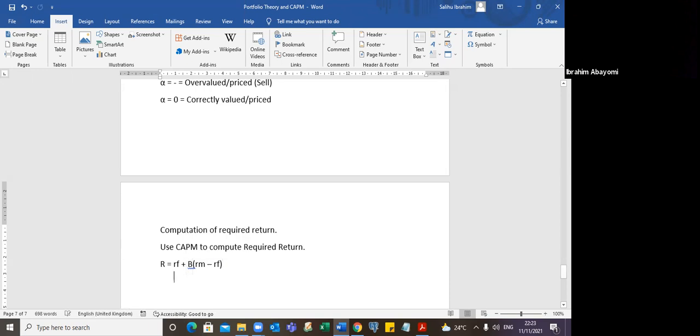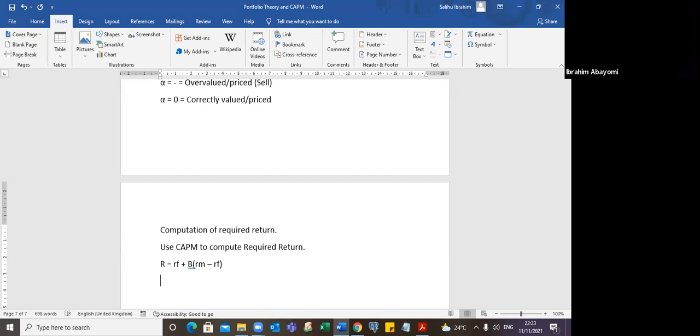Don't misquote me. When we are doing project-specific cost of capital, the question will give you beta. Maybe the beta of the process is 1.4. What we do is convert from one type of beta to another.